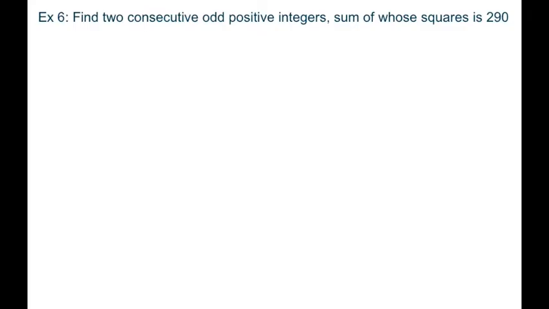Okay, so the next question is, find two consecutive odd positive integers, sum of whose squares is 290. So it's a very simple condition. Let x be the odd positive number.